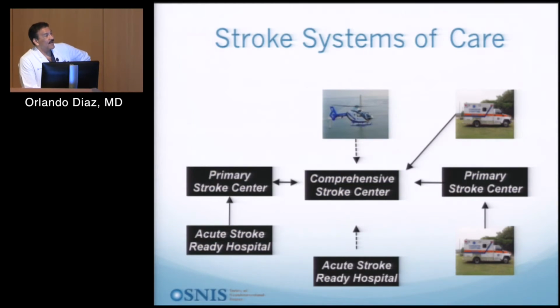And this is what happened. The comprehensive stroke center, we can do medical management, we can do TPA management, and we can do mechanical thrombolysis. And the EMS, if the patient is taken to a regular hospital that is not even a primary stroke center, has to go through that. The hopes are less because it's wasting time.